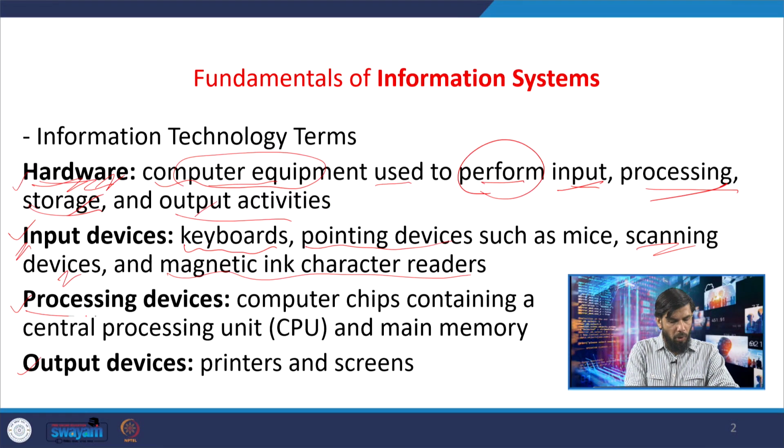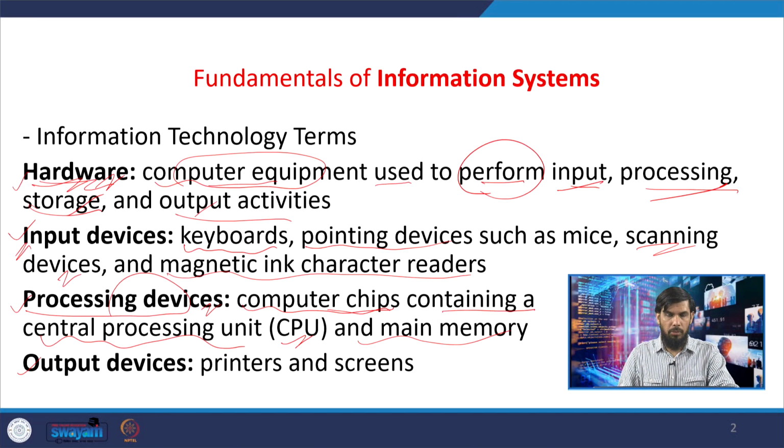Then next is processing devices. There has to be some processing capability that will work on these inputs and execute the steps. The processing devices are computer chips, which are the brain of the computer, containing a central processing unit, referred to as the CPU, and main memory. The CPU acts on the inputs based on the instructions.